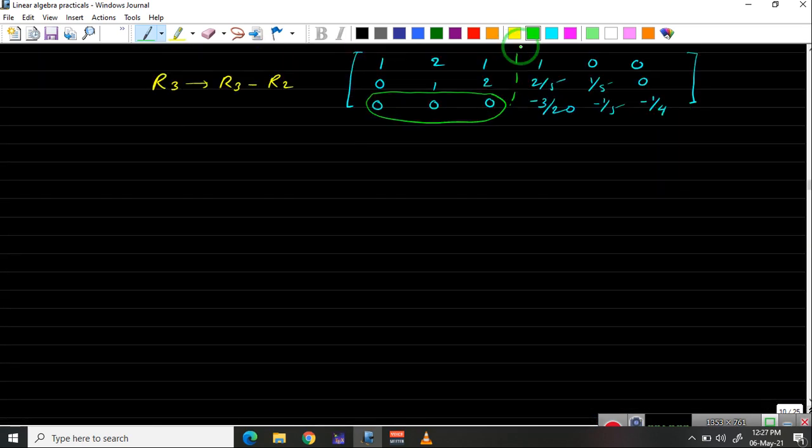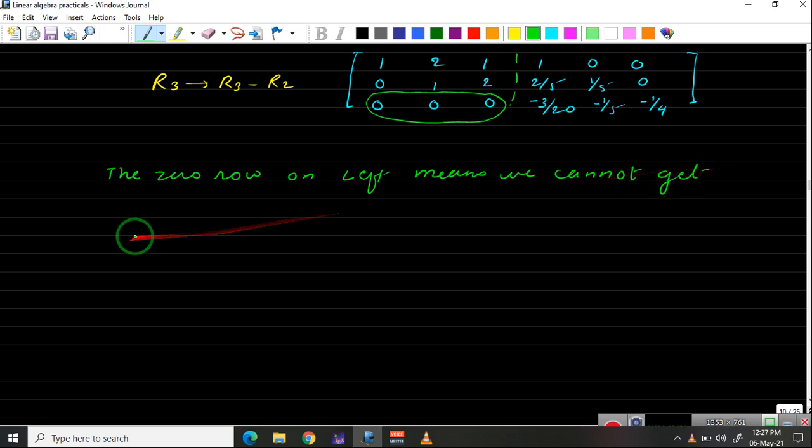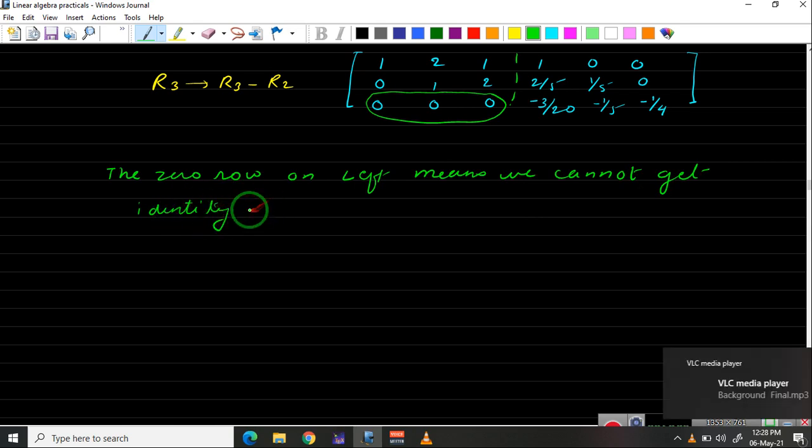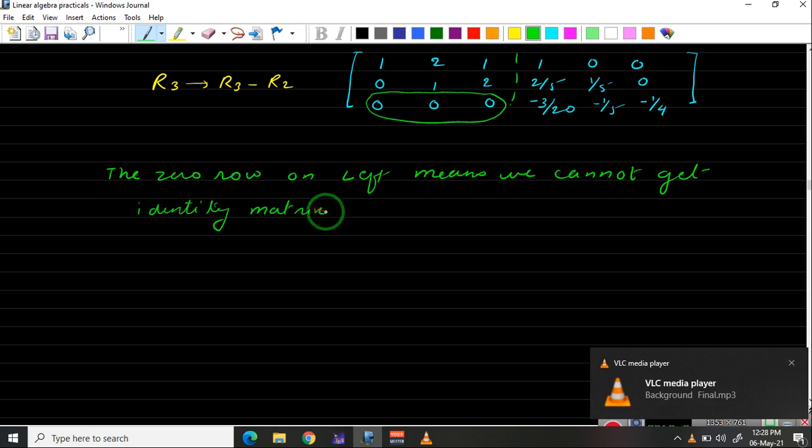So if you notice here, the zero row on the left hand side means we cannot get identity matrix here, right?